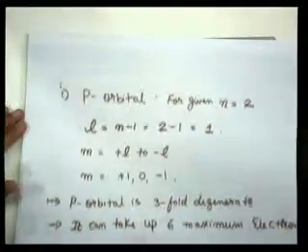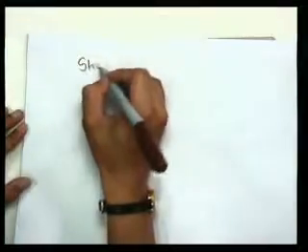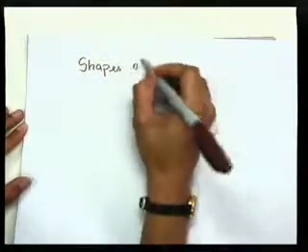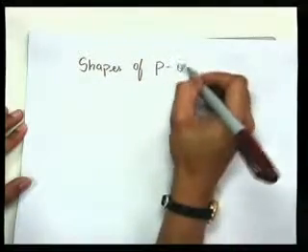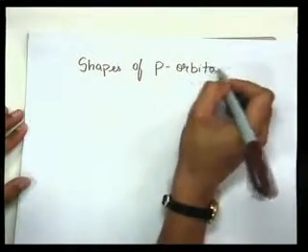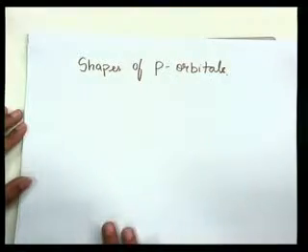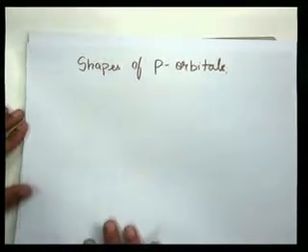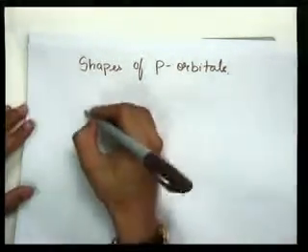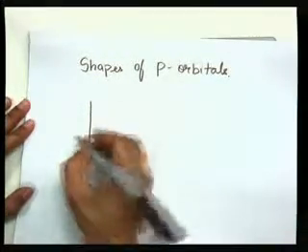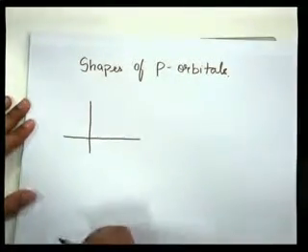Now how to draw the shape of different p orbitals? Let us try to draw the shapes of p orbitals. In case of drawing the shapes, first of all we will draw the axis like that of graph.